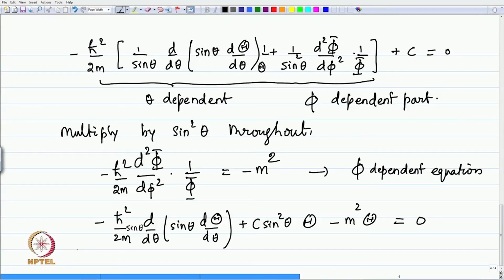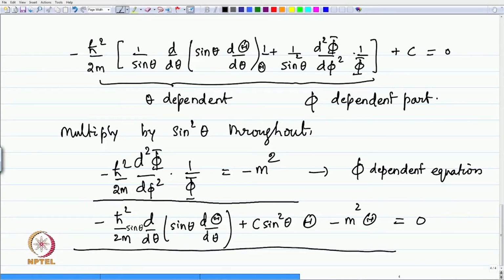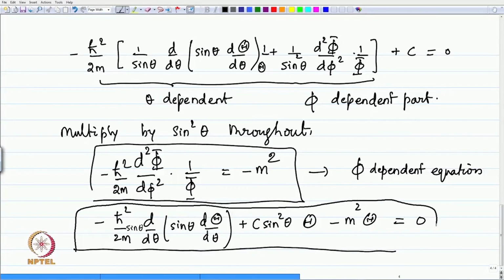So, this would be the theta dependent equation, and this would be the phi dependent equation. So, we are in a position to solve each one of them separately and obtain the formal answer, the analytic solutions for these three quantities.